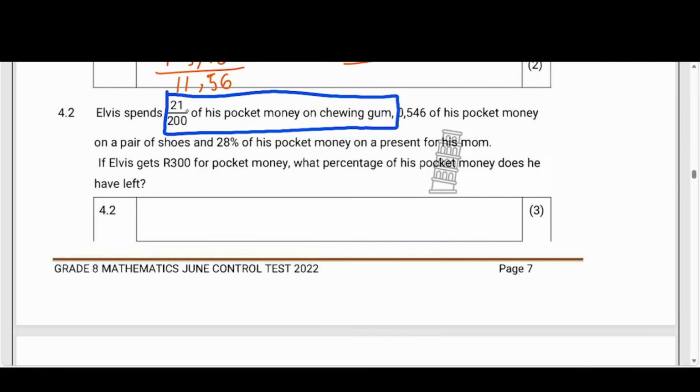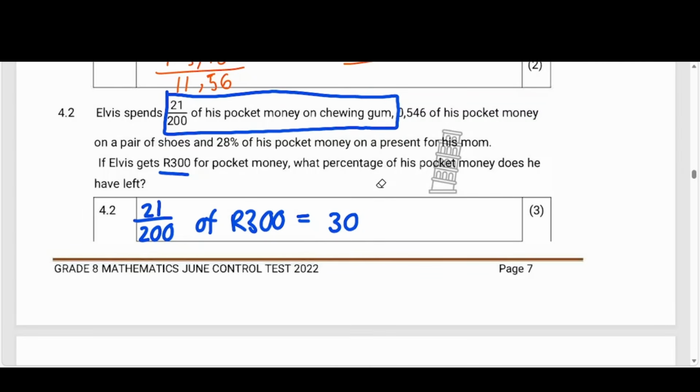Okay, so 21 out of 200 of his pocket money on chewing gum. The total is 300. So we're going to work out 21 out of 200 of 300 Rand. How you put this into your calculator is you are going to say 21 divided by the 200, so top divided by the bottom.